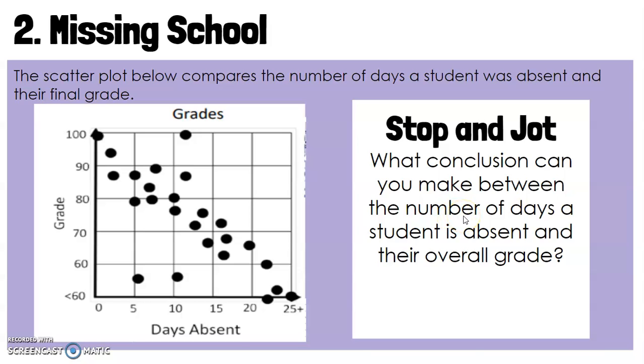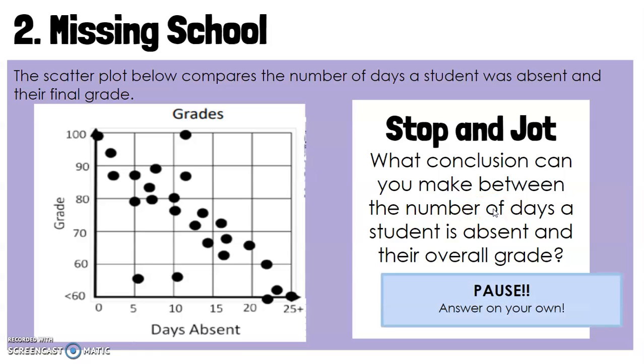In this case, we're not going to say negative correlation, even though we know it's negative. This question is asking what that means in terms of this scenario. What happens as you miss more school? What is the relationship between missing school and your overall grade? Go ahead, pause the video and try this on your own first.